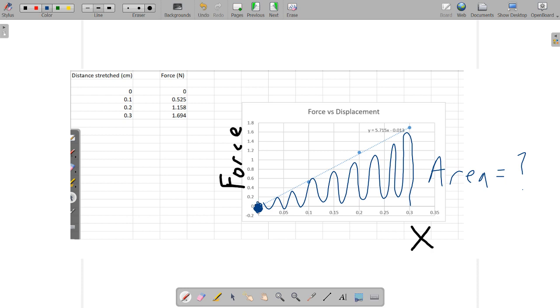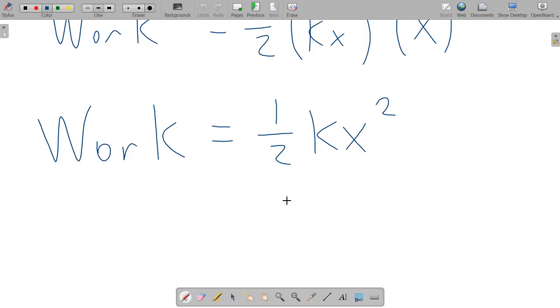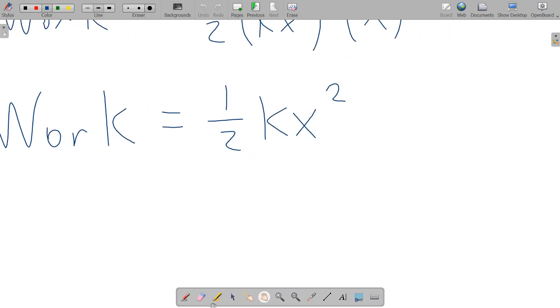Then as we stretch the spring from this point to this point, we gave the spring elastic potential energy. So our initial elastic potential energy had to be 0.